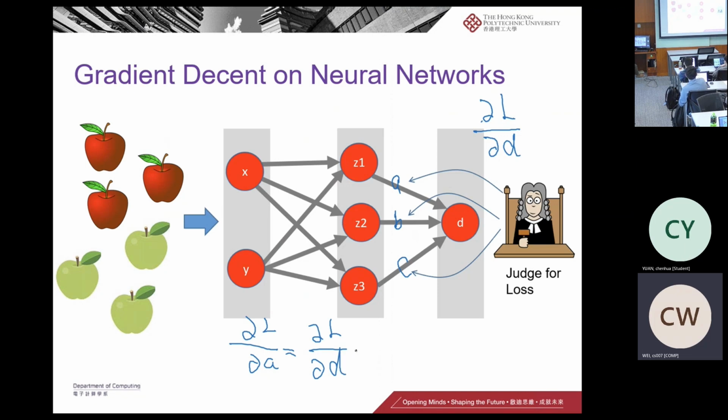In this specific example it's D over A, and you can do the same with B and C. After that has been calculated, you already have the gradient at A. Then A is related to Z1 and D as well, so you can calculate the gradients here too, and update them in exactly the same way for every weight you have.